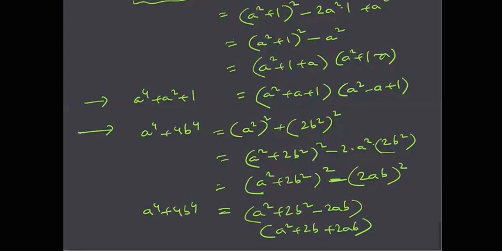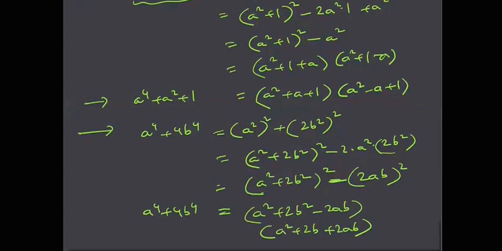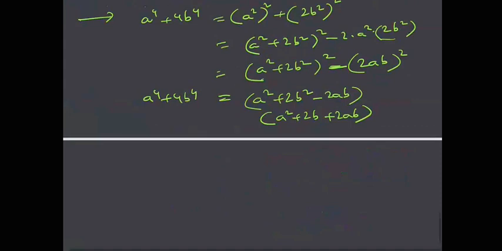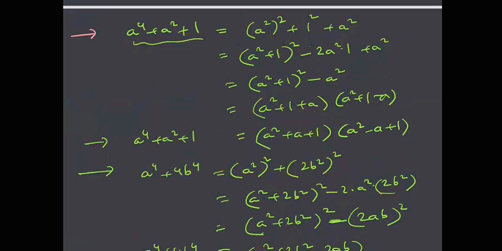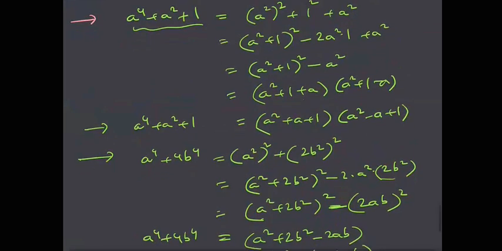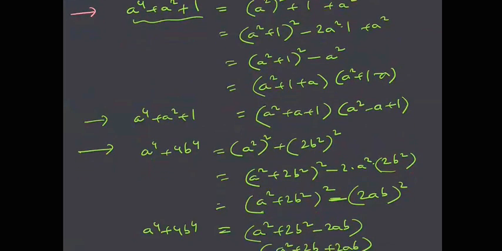Okay, so you need not remember the factors, but you remember these expressions. That is, whenever you see a power 4 plus b power 4, or whenever you see a power 4 plus a square plus 1, you should quickly remember that these can be factorized. And the way to factorize, you should write it as a square whole square plus b square whole square.